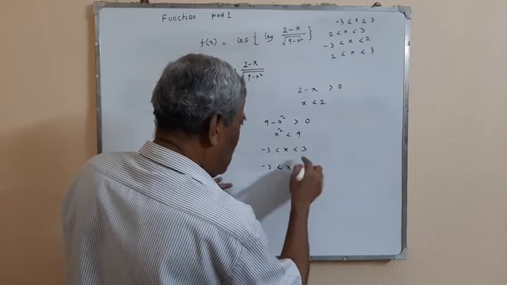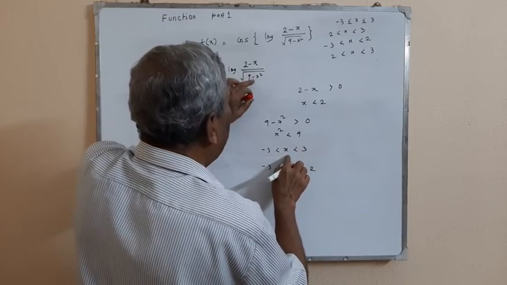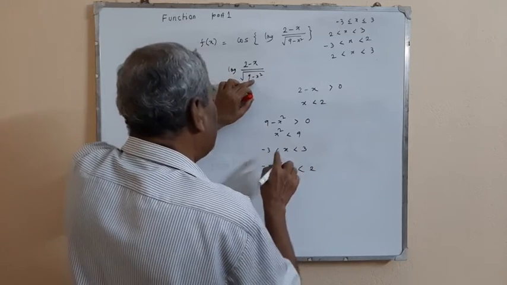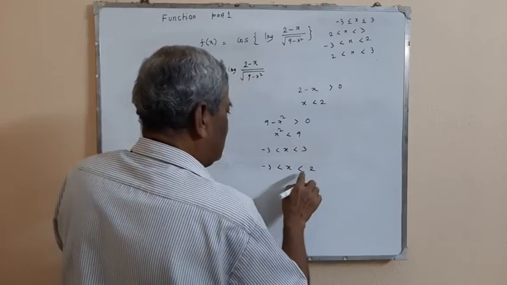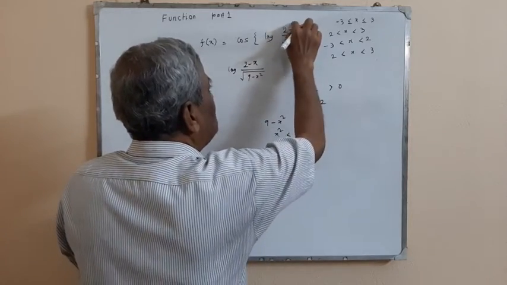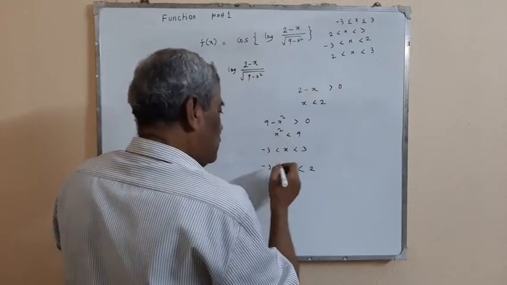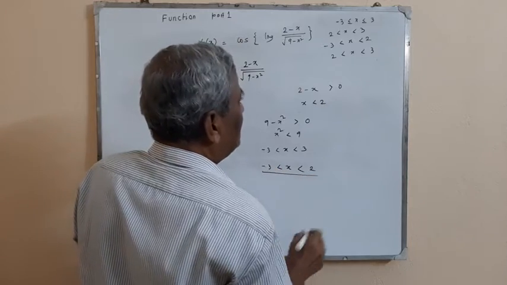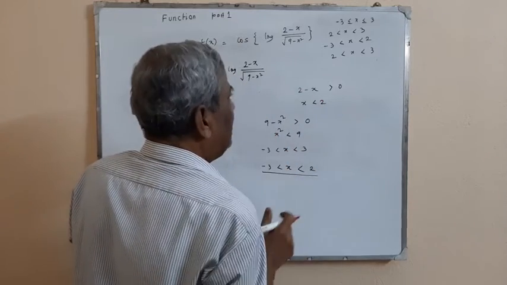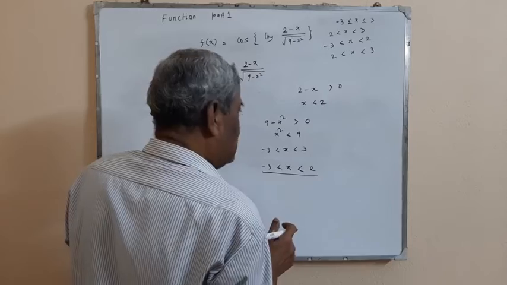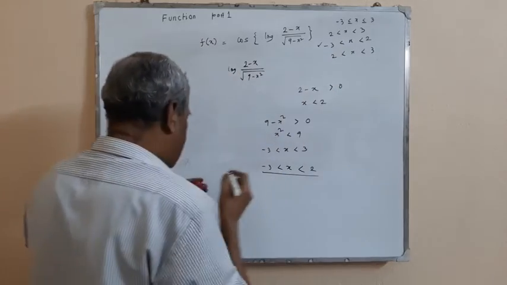If x is more than 2, this will be real, but the log argument is not positive. So our answer is minus 3 less than x less than 2. So this option is correct.